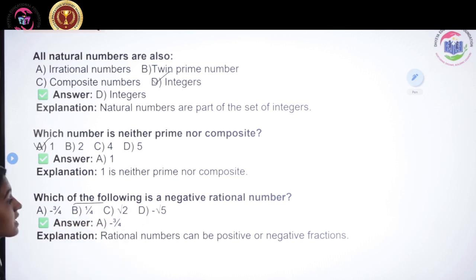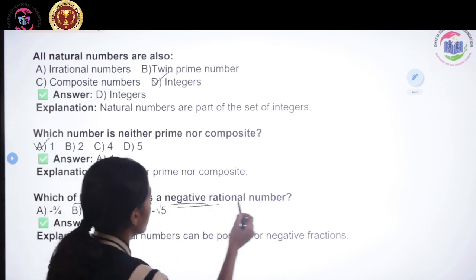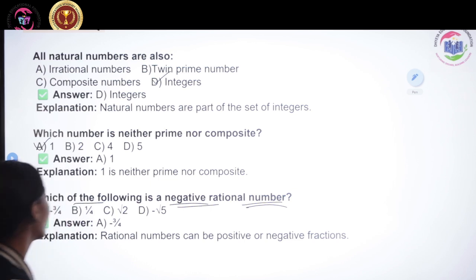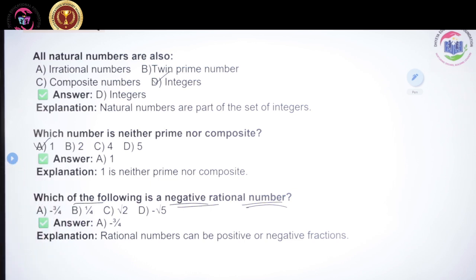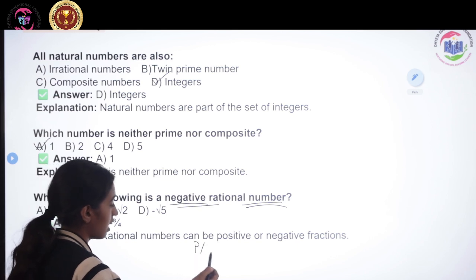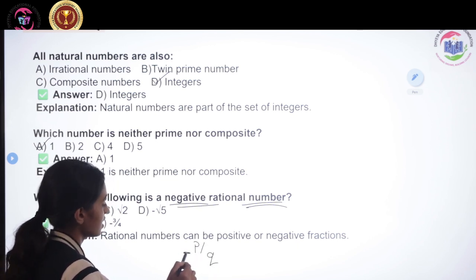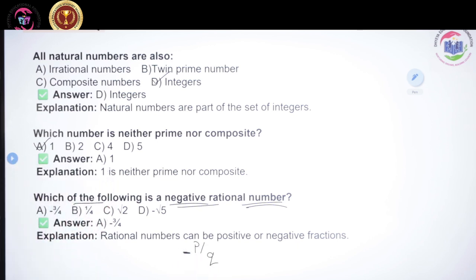Which of the following is a negative rational number? We have to find the negative rational number. A rational number is expressed as p by q, and since we need a negative one, a negative sign should be there. Option A minus 3 by 4, B 1 by 4, C root 2, D minus root 5.